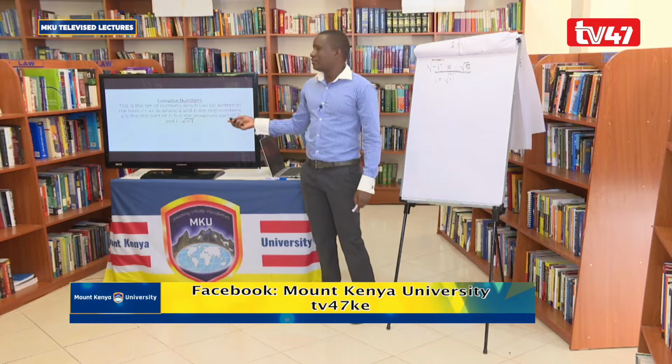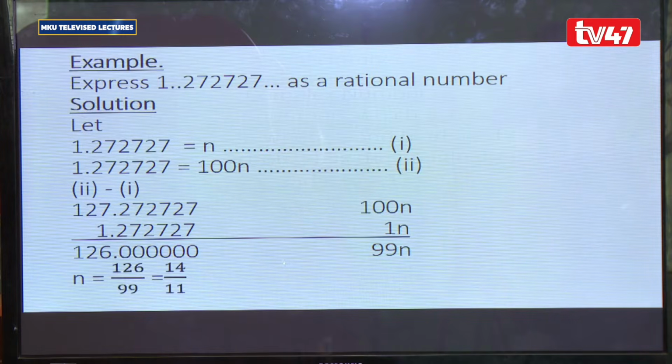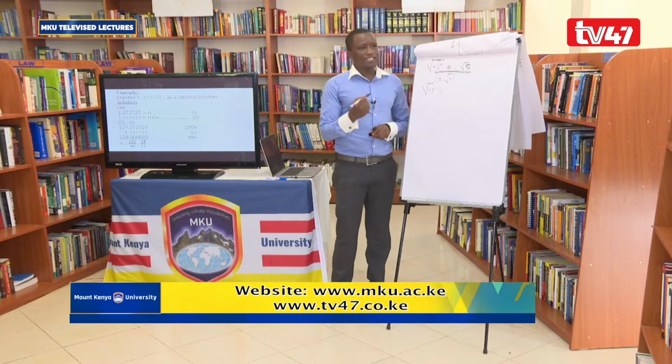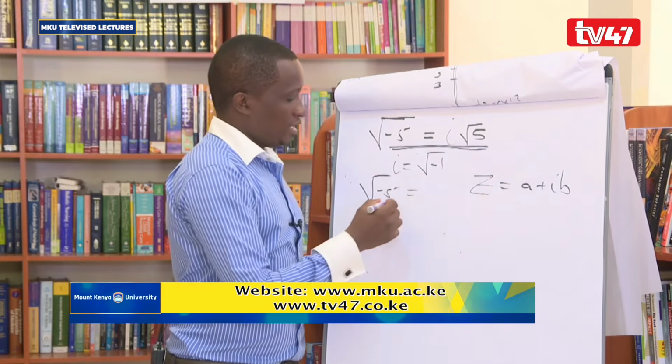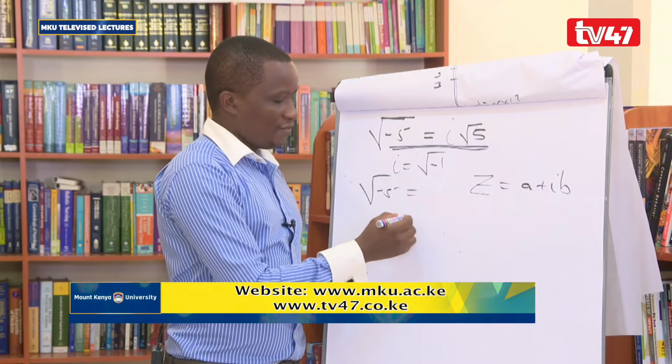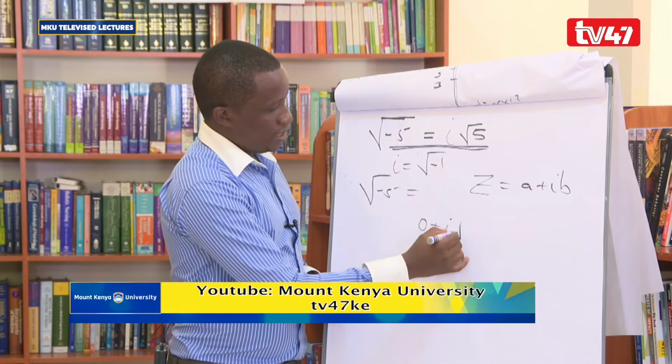Of course, we'll have a lesson for complex numbers. So this is the set of numbers which can be written in the form z equals a plus ib. What we are saying here is, if we write negative 5 as a complex number in the form z equals a plus ib, then the square root of negative 5 is the same as 0 plus i square root of 5.